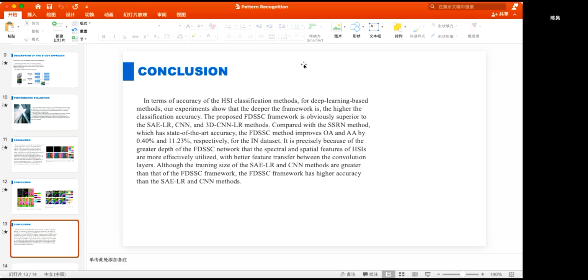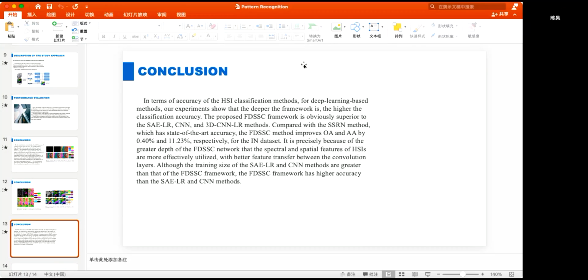Compared with the SSRN method, which has the state-of-the-art accuracy, the FDSSC method improves OA and AA by 0.4 percent and 11.23 percent, respectively, for the IN dataset.